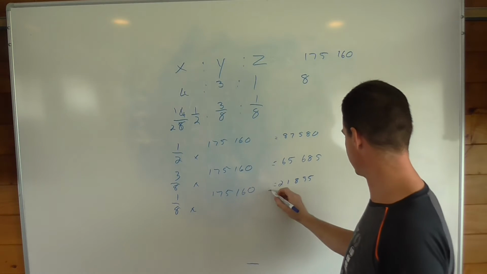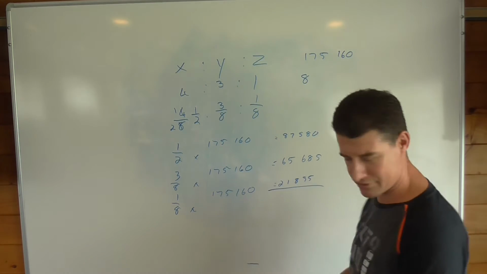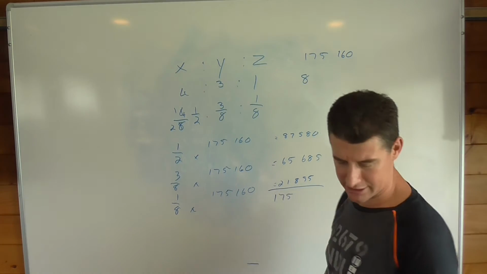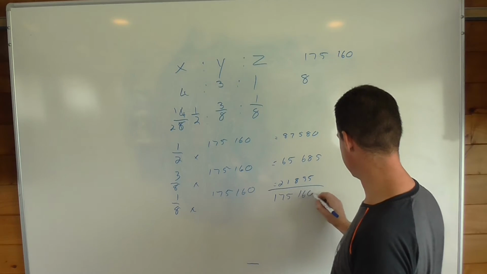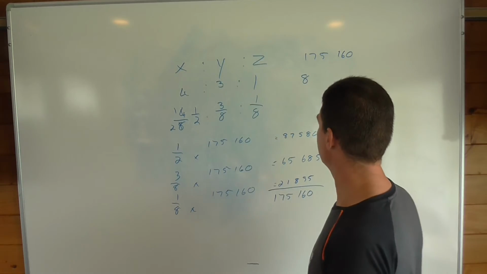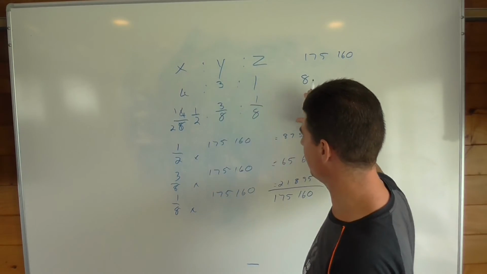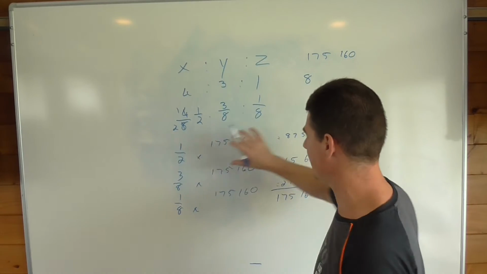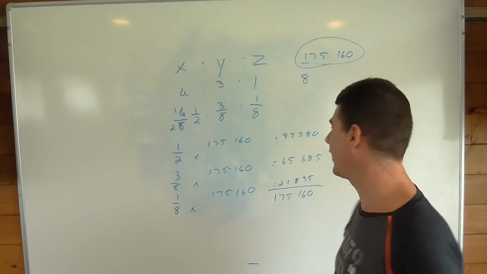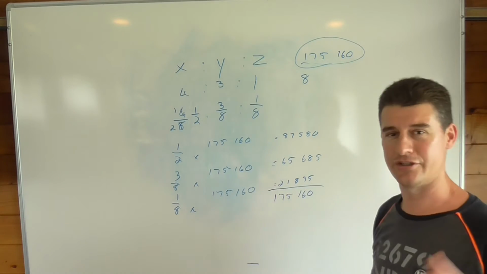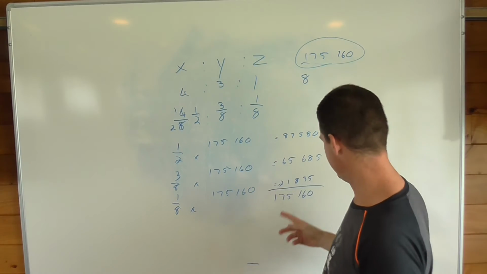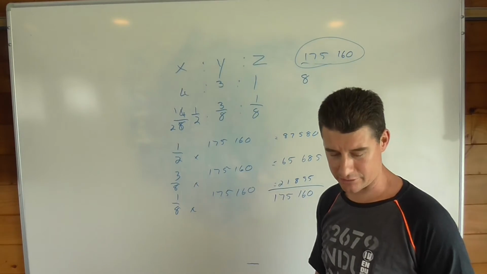If you want to check yourself, you can simply add those up, and you will get to 175,160. Okay, so first you have your ratio, then you work out the fractions, and then you multiply each fraction with the total money that's being divided, and then you calculate it. To check if you are correct, just add your 3 answers up to see if you get that same total.